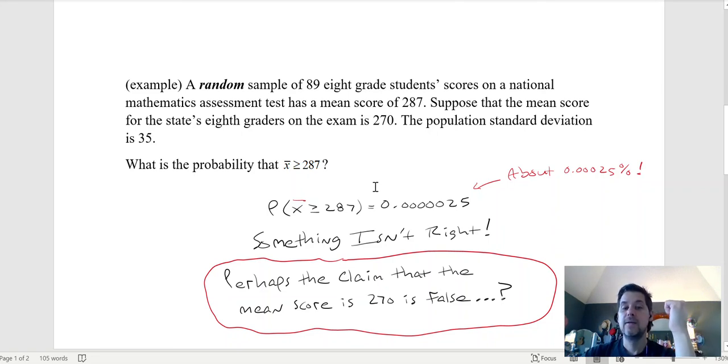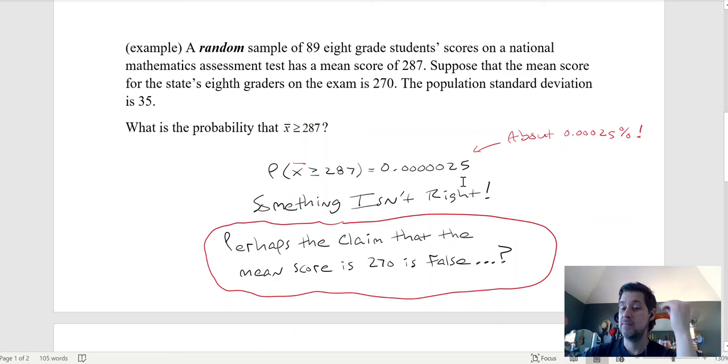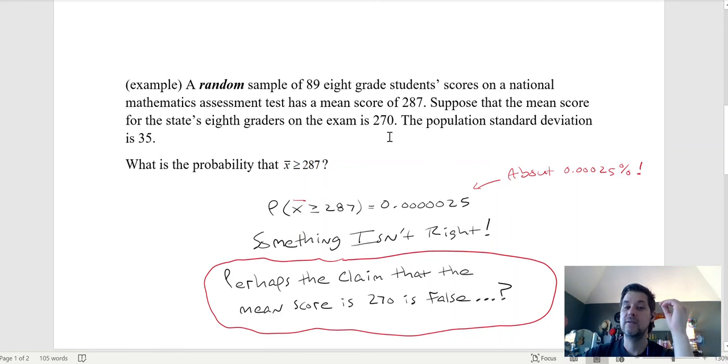When I show you the procedure, you'll see that we calculate probabilities, and it's going to be buried in a lot of steps, and so it won't be real obvious what you're calculating the probability of if you just go through all the steps. But you're calculating the probability basically of your sample mean being what it is, given that the population mean is reported what it is, okay? And if that probability is small enough, then we start to question the claim made about the population mean. That sums up the math behind hypothesis testing, okay?